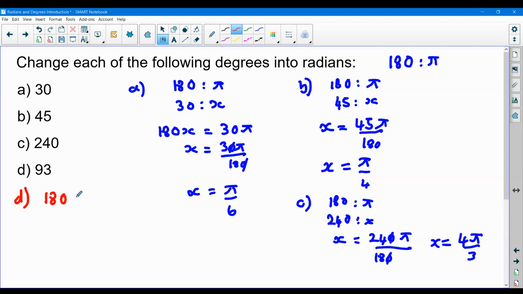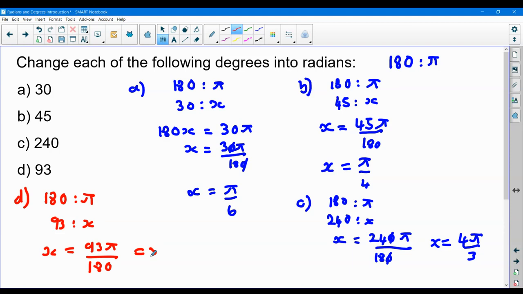But for D, I've got a bit of a funny number here, 93. So I'm going to do the same thing. All I need to do here is say that x equals 93 pi over 180, so I divide by the 180.